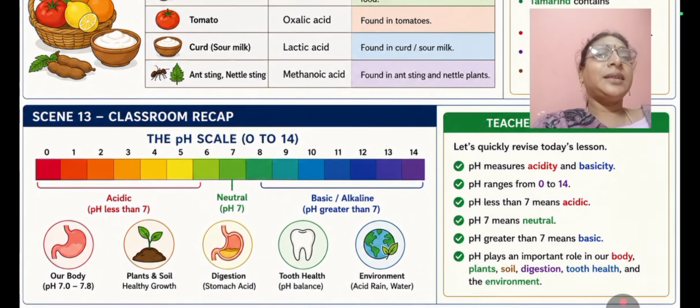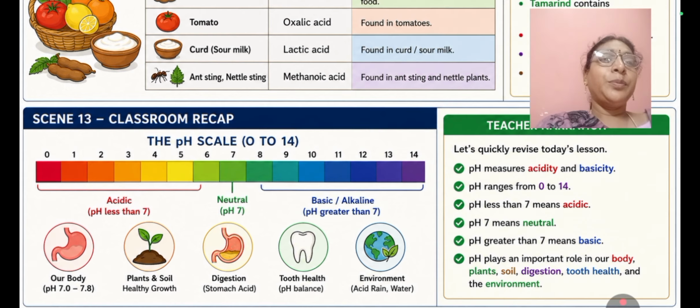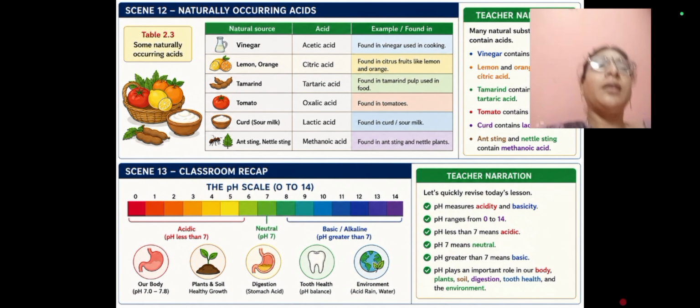Let's quickly revise today's lesson. pH measures acidity and basicity. pH ranges from 0 to 14. pH less than 7 means acidic. pH of 7 means neutral. pH greater than 7 means basic. pH plays an important role in our body, plants, soil, digestion, tooth health and the environment. This is what we learned in today's lesson.